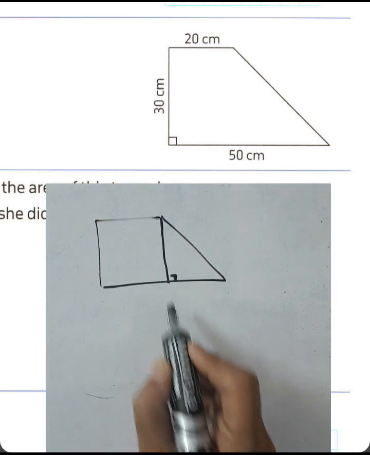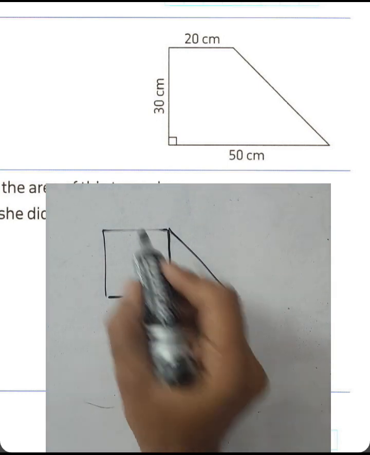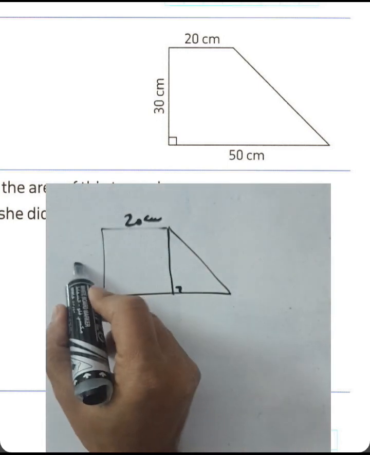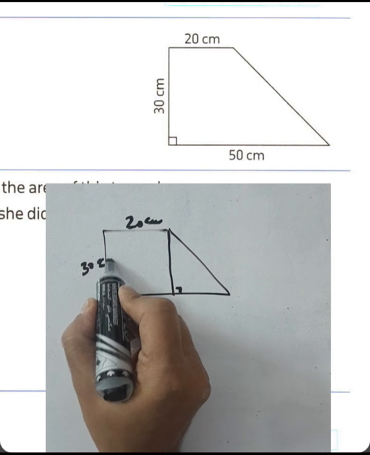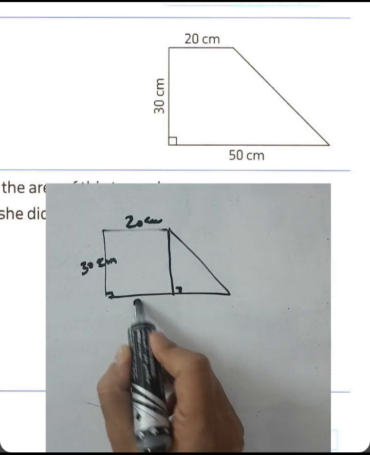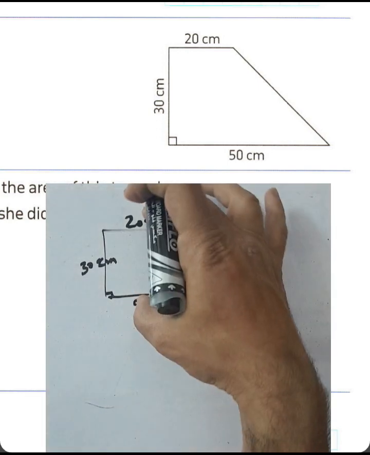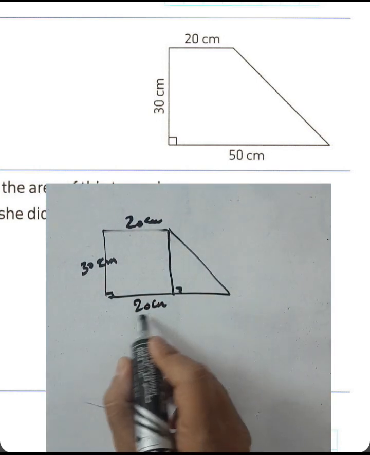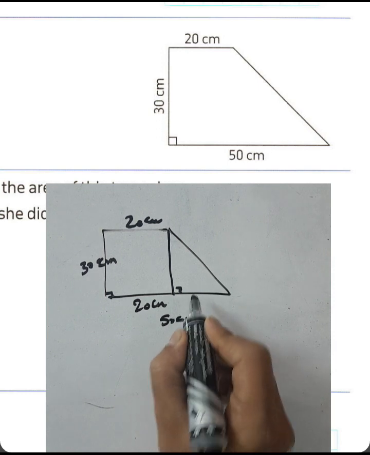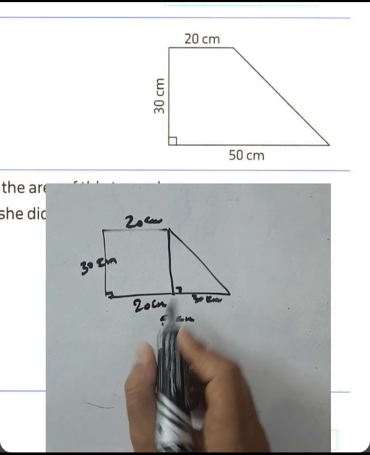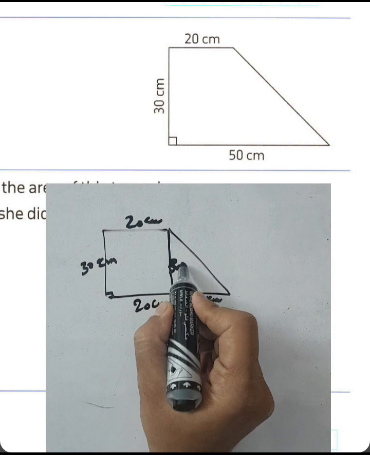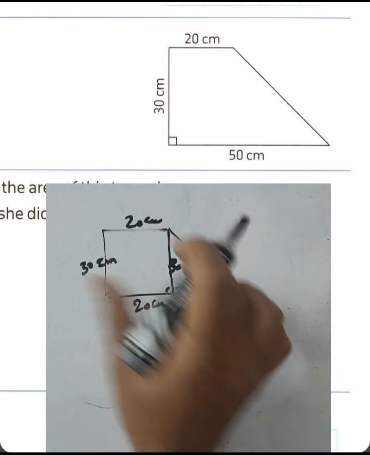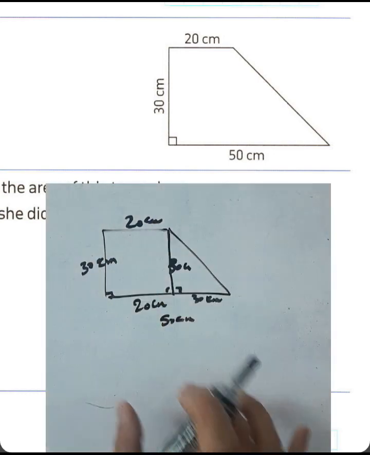Okay, I will write here 20 centimeter, and this height was 30 centimeter, and it will be 20 centimeter like this, and we have 50 centimeter this base, and 50 subtract 20 will be 30 centimeter, and the corresponding height will be 30 centimeter like this, because opposite sides in a rectangle are equal in length.